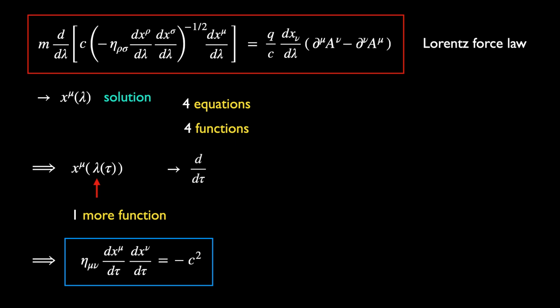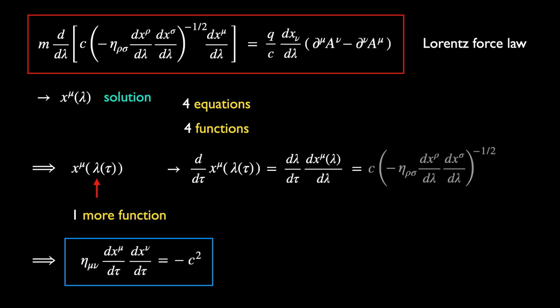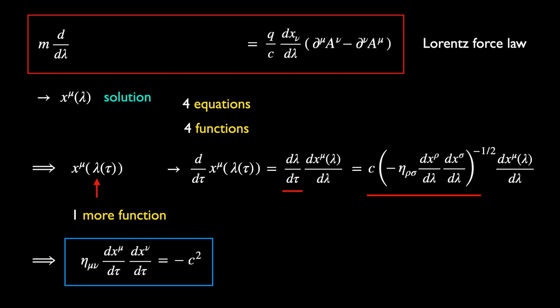Taking the tau derivative of x and using the chain rule, as mentioned earlier, d lambda d tau is just equal to this square root term. The result is just what's in the brackets above.